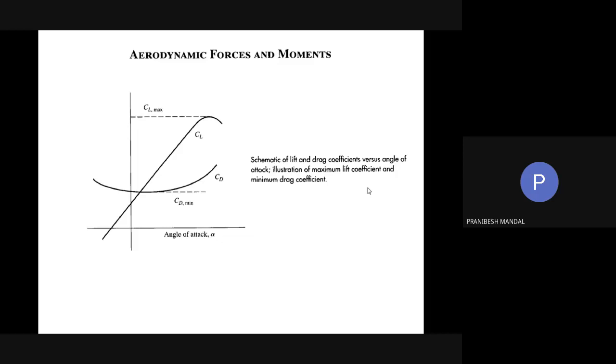These are actual wind tunnel data for CL and CD with respect to angle of attack. You see, even for a zero angle of attack, you may have a positive CL. And if the angle of attack is negative, then also for some time CL is positive. Beyond some point, for negative angle of attack, CL is going to be negative.